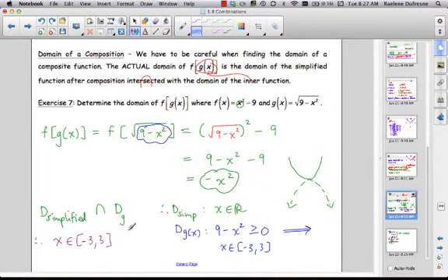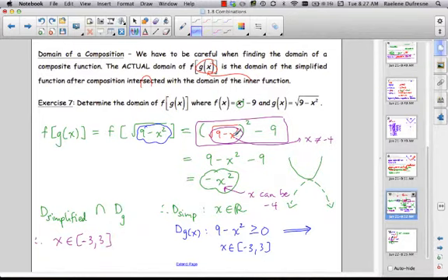Well, we know a picture is worth 1,000 words, so let's actually draw the graph of this and draw the graph of this, because this is not exactly the same as this. This has no problem with x being negative 4, for example. But this expression does have a problem with x being equal to negative 4.